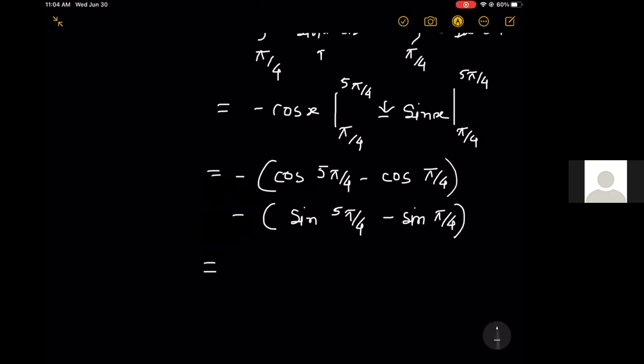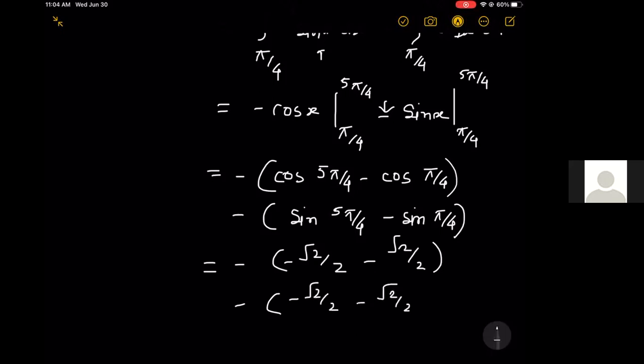Cosine of 5 pi over 4 is negative root 2 over 2. Oops, sorry. And what's cosine pi over 4? Root 2 over 2. What's sine pi over 4? It's the same thing, negative root 2 over 2. Okay, so what should be the final answer then?